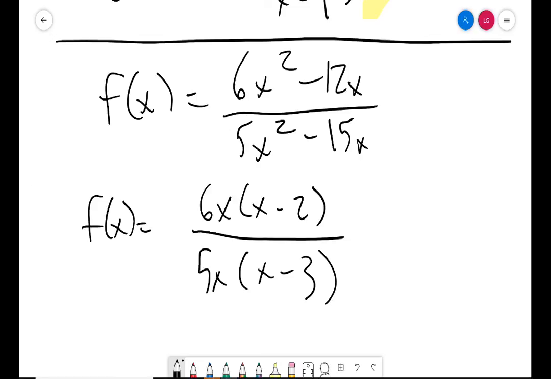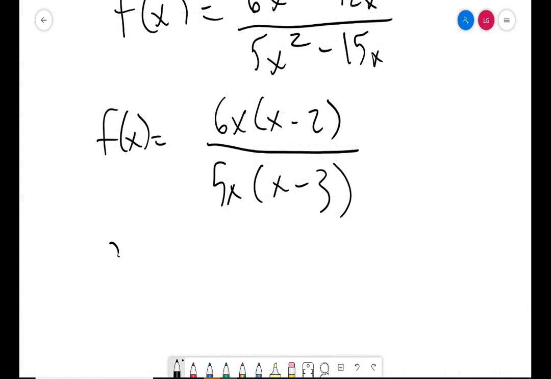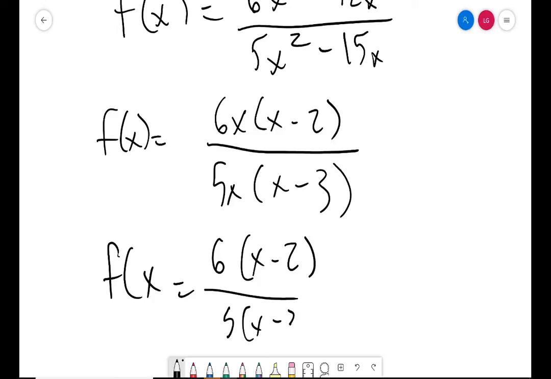And so what do we get here? Well, we get f of x equals 6 times (x minus 2) over 5 times (x minus 3). In other words, these x's divide to 1. But we should recognize that in the same type of way, if we only look at this final simplified version and say, oh, hey, x can't be 3, we will probably get this question wrong, even in a multiple choice situation.